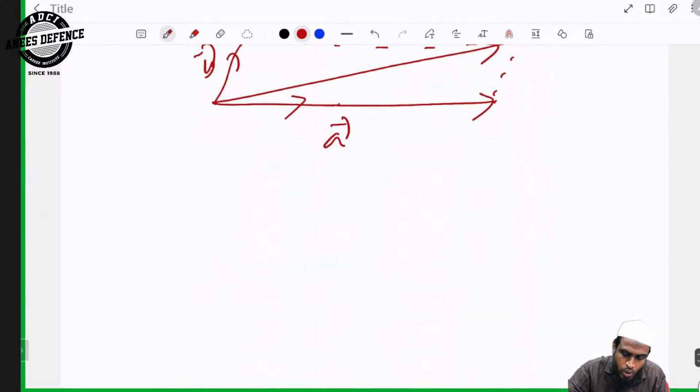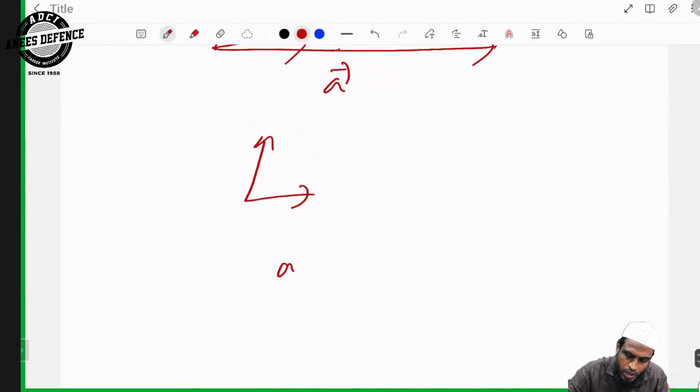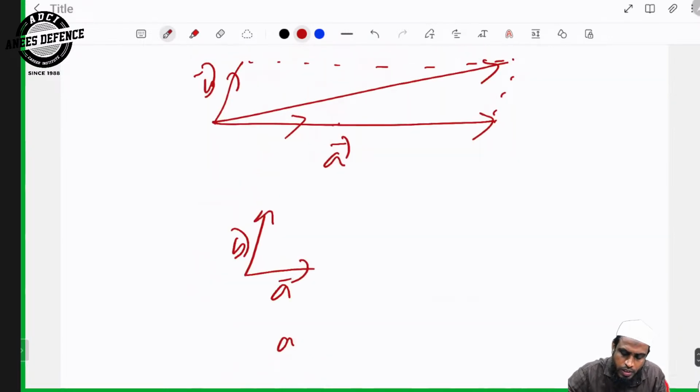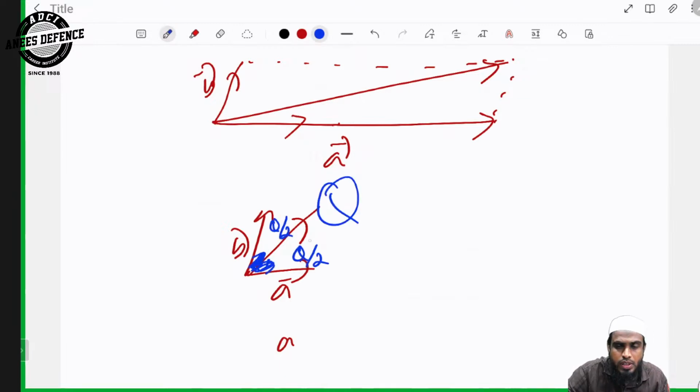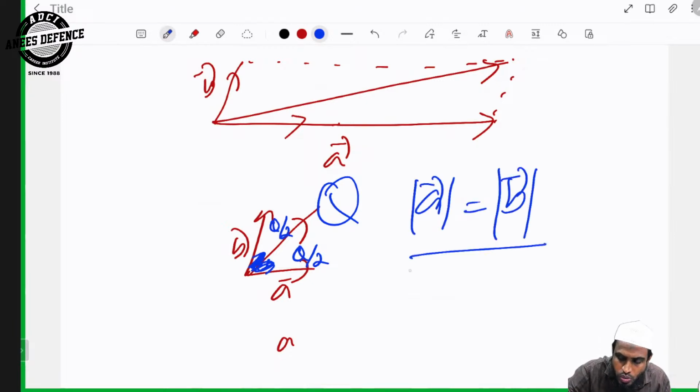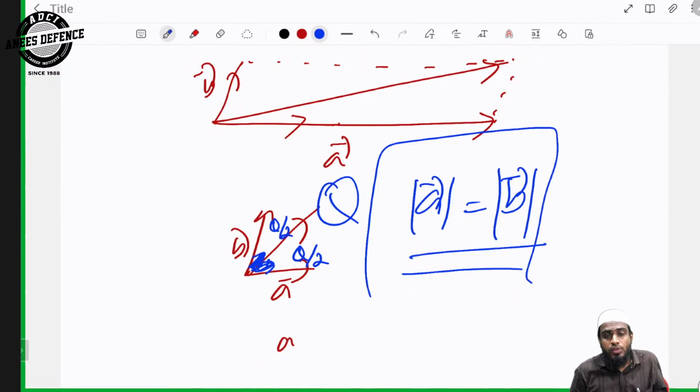So if both are equal, then you can say that the resultant will be exactly at the middle. In this special case only, if the total angle is theta, this will be theta by 2 and this will be theta by 2. What is the condition? The magnitude of A should be equal to the magnitude of B. Then only the resultant will be in the middle, because both are of equal strength.